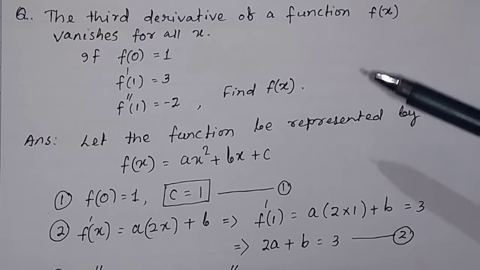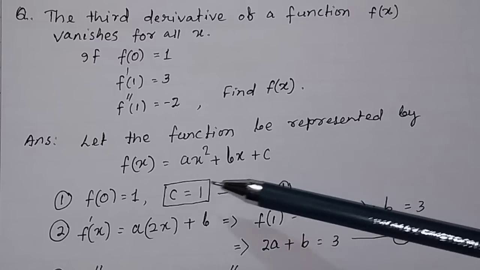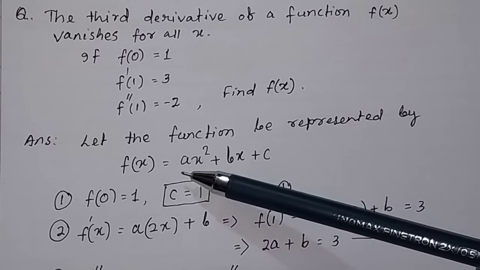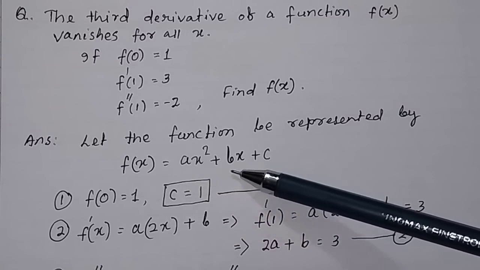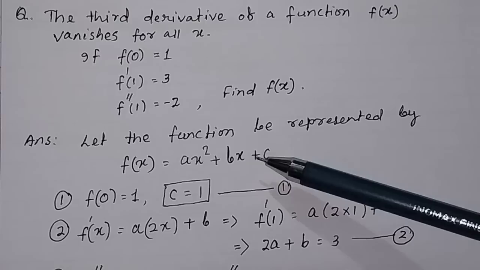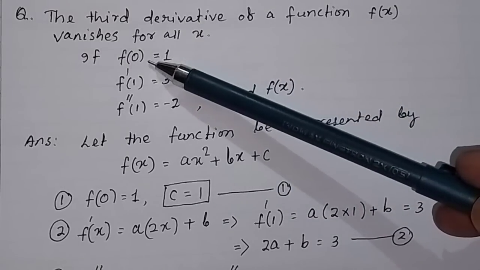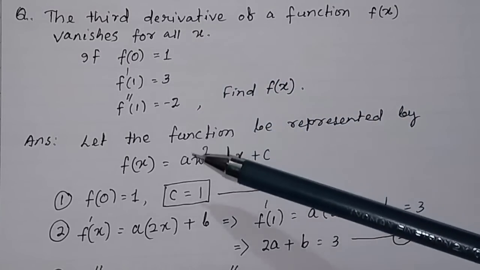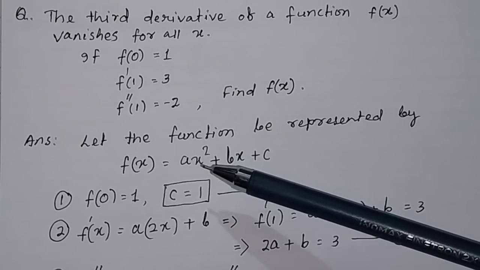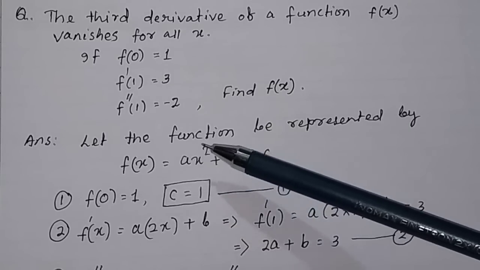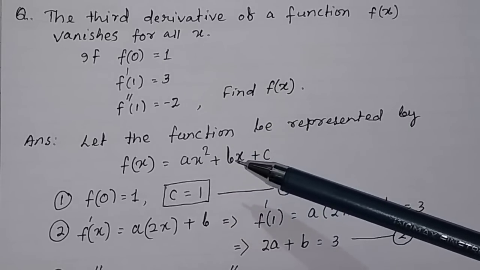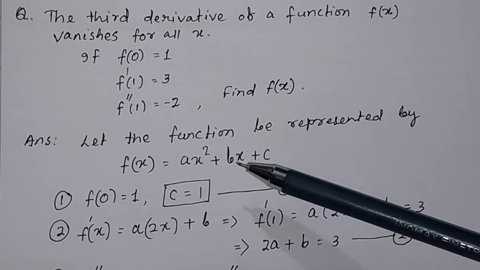So here you let the function be represented by f(x) = ax² + bx + c, and it is given that the function at x equal to 0 is equal to 1. If you substitute x equal to 0 here, the first term will be equal to 0, the second term also will be equal to 0.